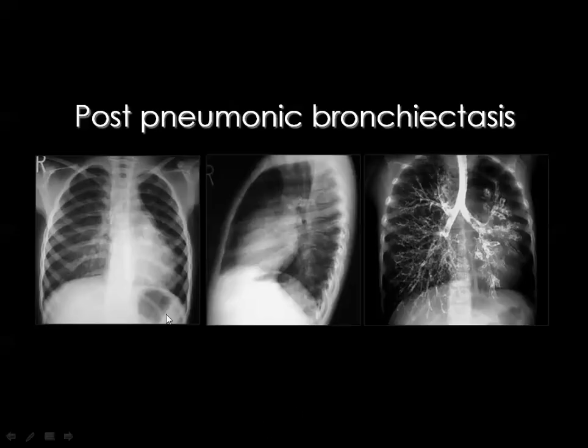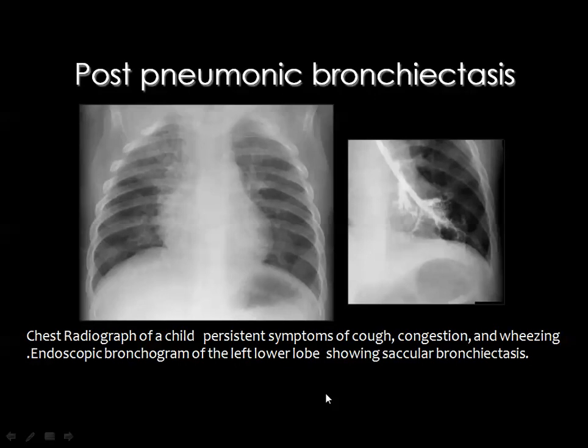And in this child, you see that the heart is displaced a little bit to the left side. By bronchography, you see that most of the right lung is good, but the left lung has bronchiectatic changes throughout all the main and the subsegmental bronchi.